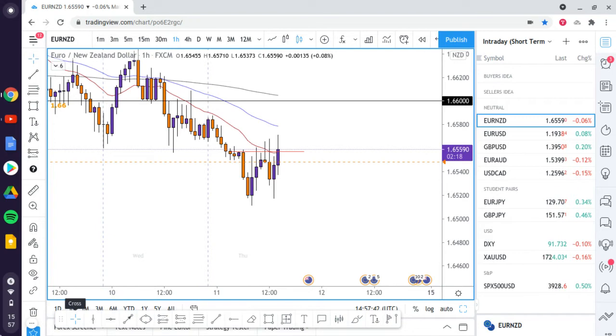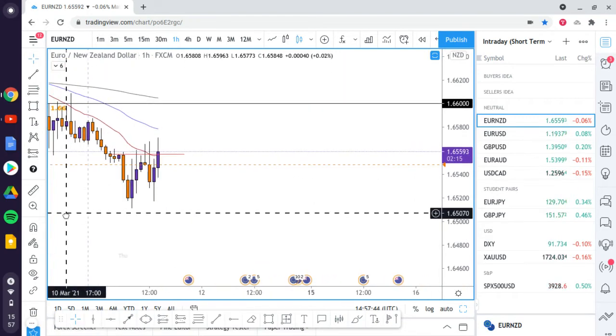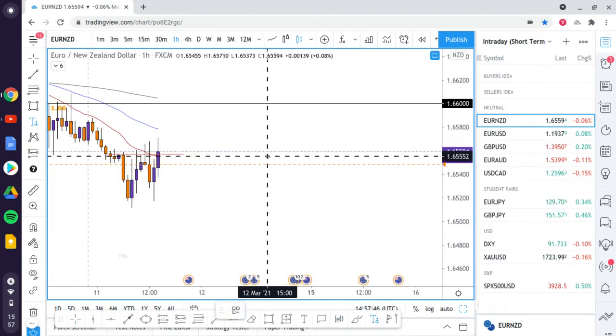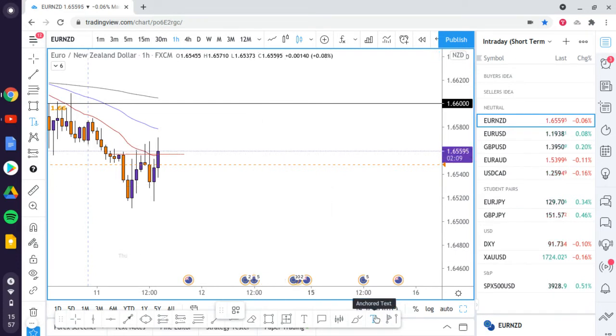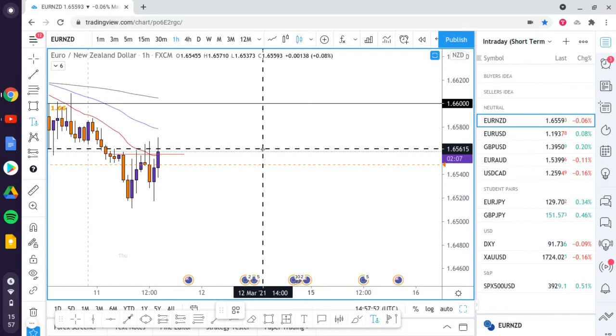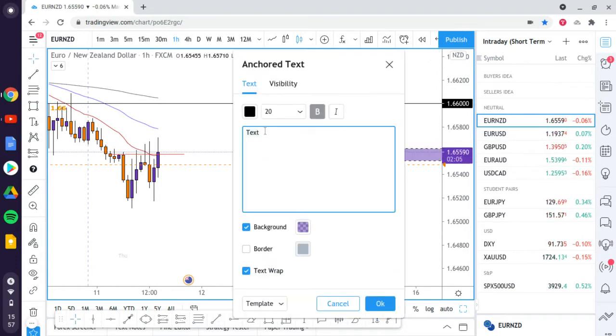So I'll just do the same as what I did with the other video. Let's just type: every trade I have around 3 management points.